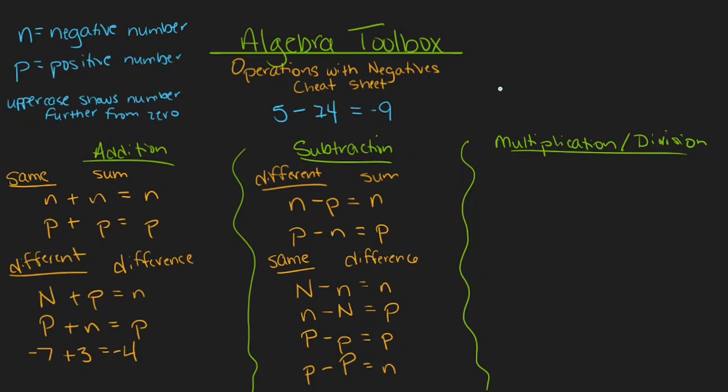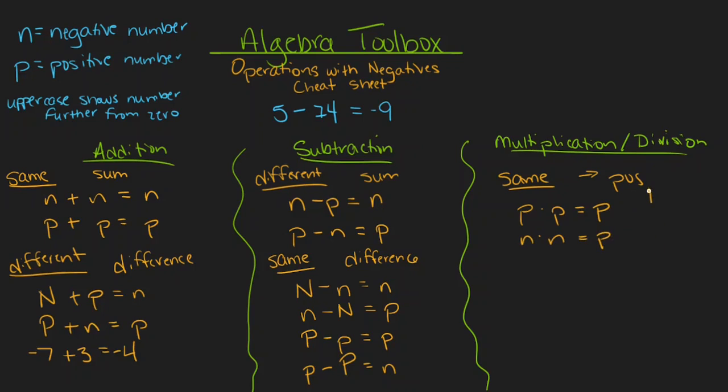The good news is that addition and subtraction are the two trickiest operations to think through. Multiplication and division are much simpler. In both multiplication and division, if I multiply or divide two numbers with the same sign, their answer is always going to be positive. So a positive times a positive will equal a positive, and a negative times a negative will also equal a positive.